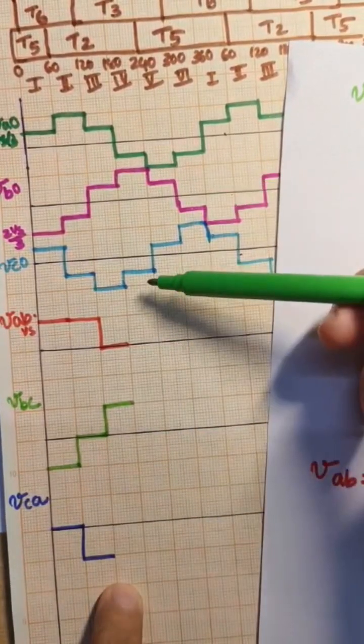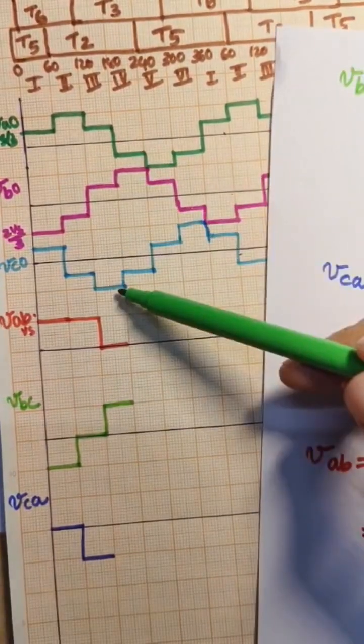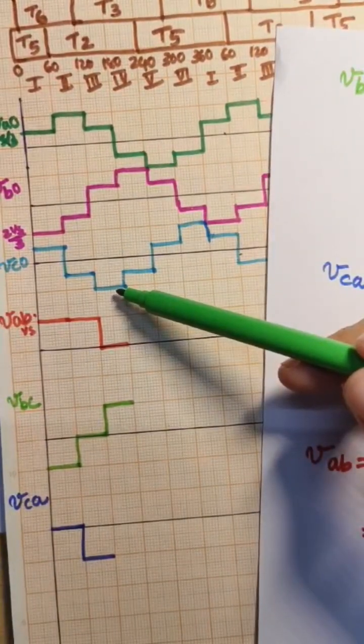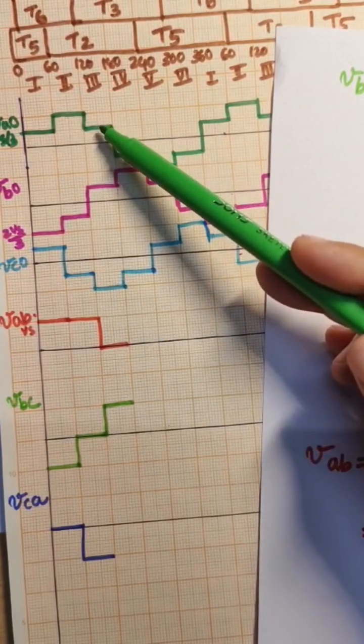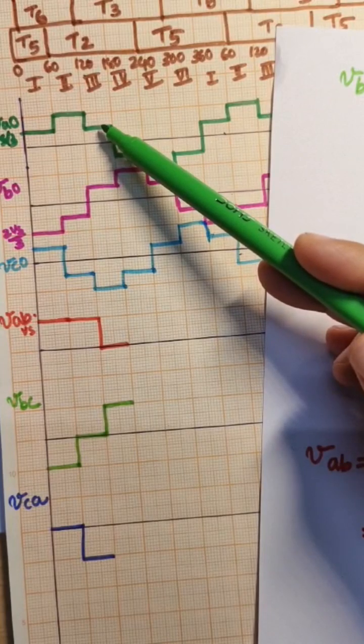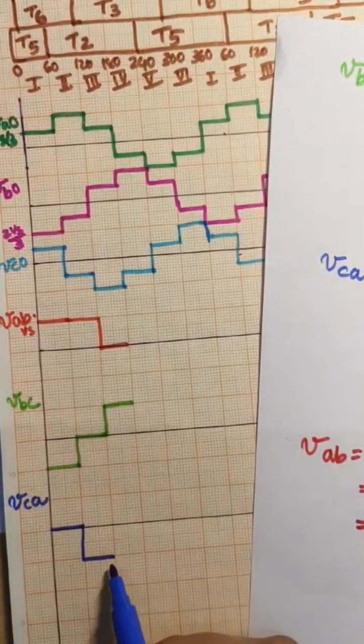VCA is VCO minus VAO, right? So here VCO is minus 2 Vs by 3, minus Vs by 3. So it will be minus Vs itself. So minus Vs.